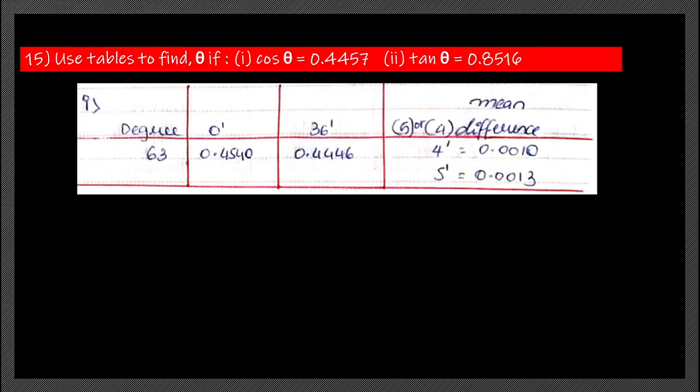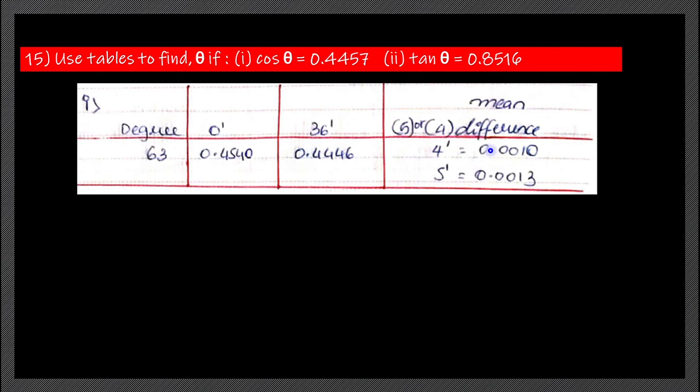First question, cos of this angle. So 63 degrees, when you correspond to that, we will get somewhere around 0.4446. If we had 4 minutes, we will get 0.4456. We will see which is closer, 5 minutes or 4 minutes. 4 minutes we will get the closer value, so we will end up taking the value we get for 4 minutes.